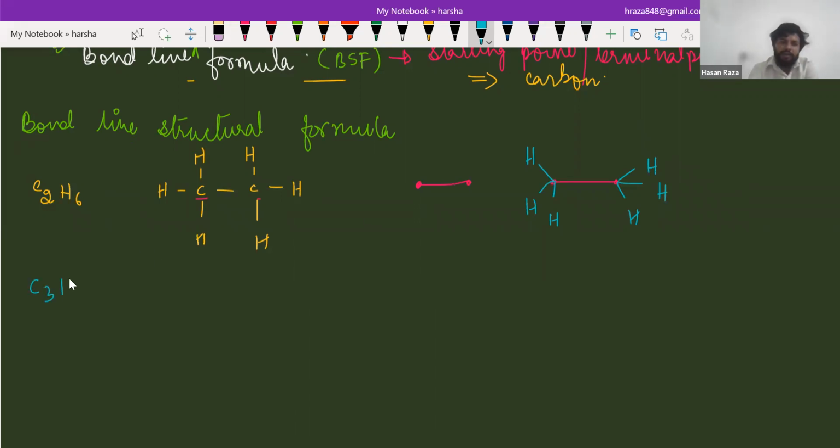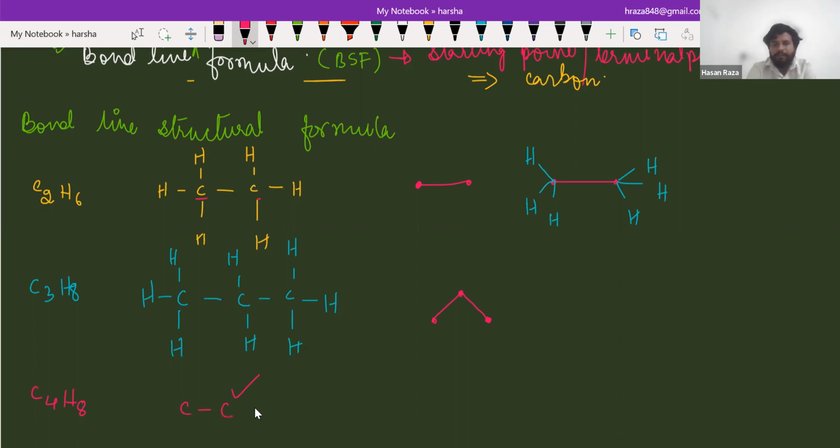Now another one, C3H8. The structural formula of C3H8 we have already done like this. If you want to draw the bond line structural formula, this is the first carbon, the second carbon, and the third carbon. And it is understood that there are 3 hydrogen, 2 hydrogen, and 3 hydrogen. In the same way, C4H8.